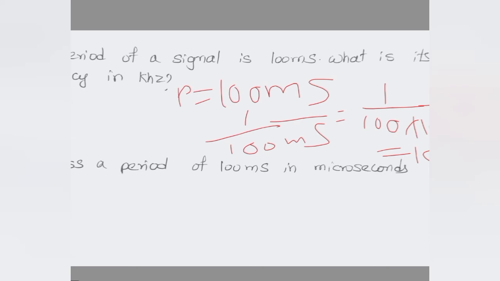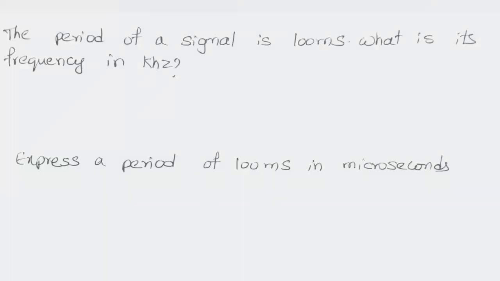So here, given that the period of a signal is 100 milliseconds, what is its frequency in kilohertz? Period equals 100 milliseconds, and we need to find the frequency. First of all, we have to convert the given period into seconds.